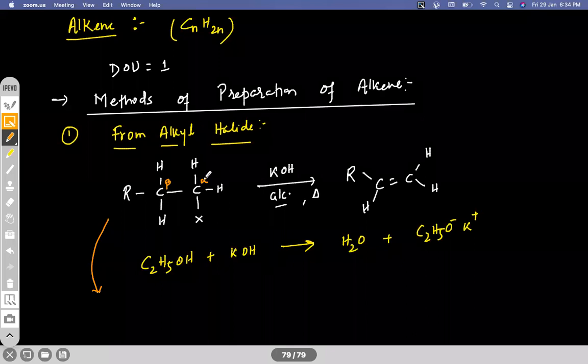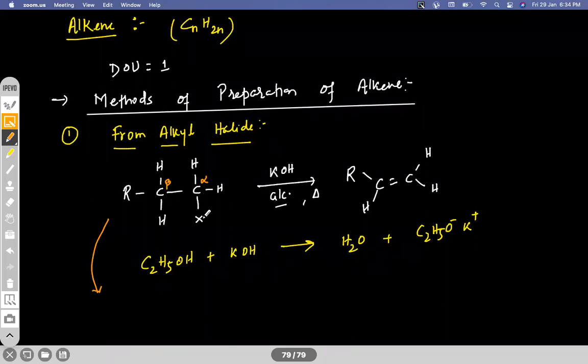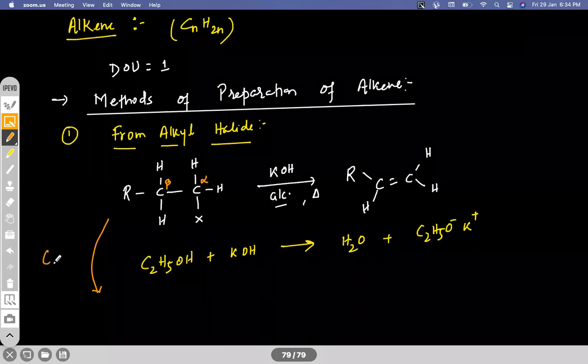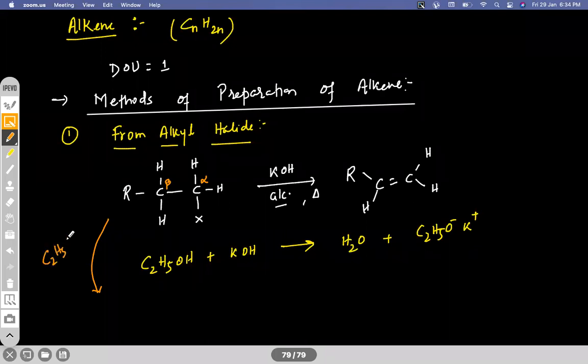So alpha carbon is the carbon atom attached to the halogen atom, correct? The base C2H5O minus takes hydrogen from the beta carbon and forms C2H5OH.